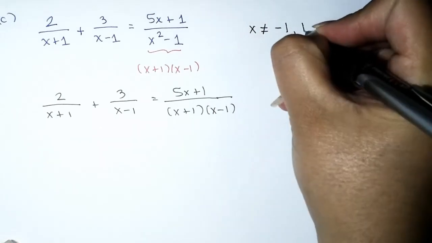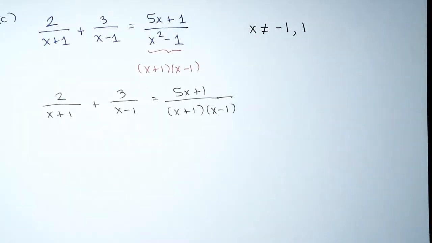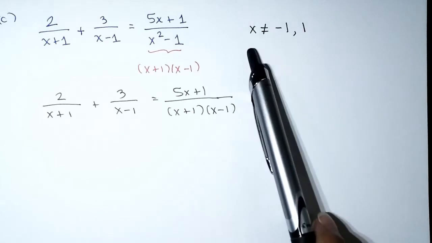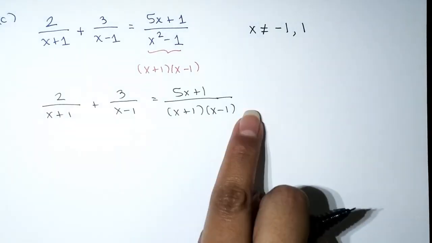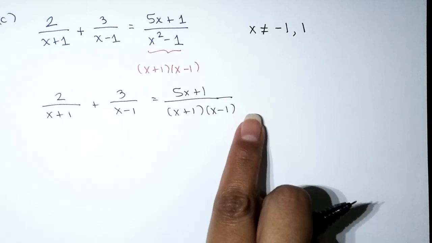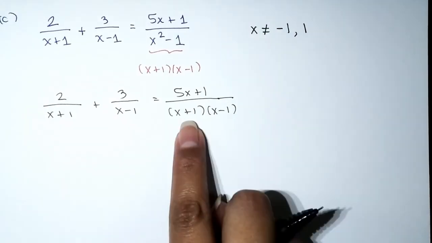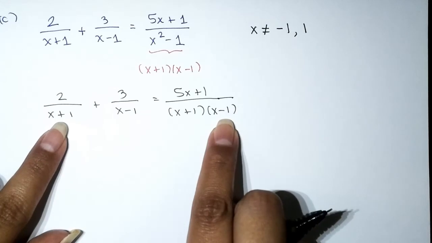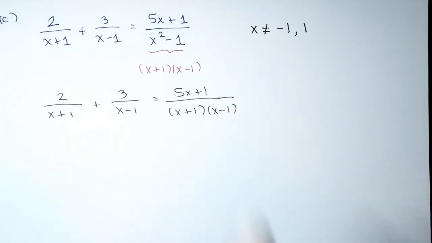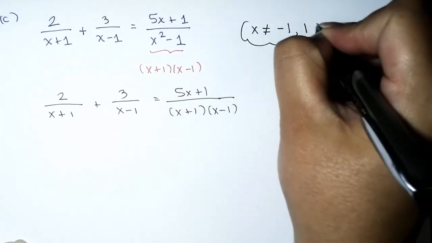So we want to tell the world x could equal anything except for -1, +1. Now, what else makes another denominator equal to 0? We have a product. When we set that equal to 0, we set each factor equal to 0. First factor, x plus 1, has been dealt with. Second factor, it's already been dealt with. So that's it. Okay, we have listed the restrictions on the variable.